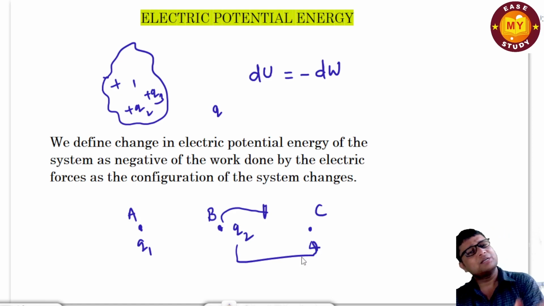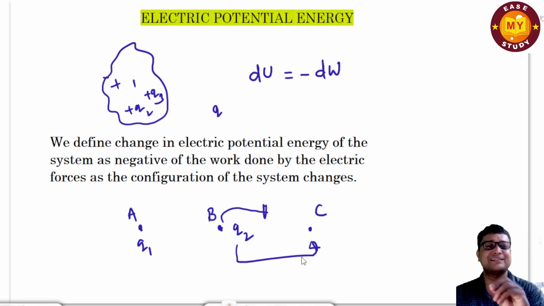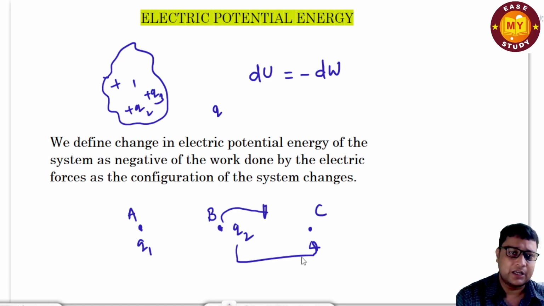You can move charge Q1 as well, no issue. But at a time, for simplicity, we are considering moving only one charge. If you move another charge, work will be done by that charge also. So for simplicity, we are moving only one charge, and the remaining other charges are fixed here.